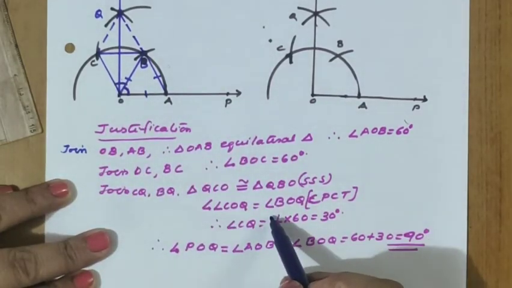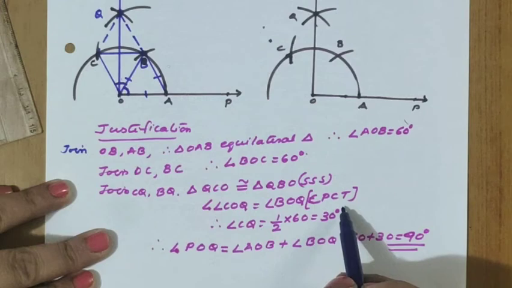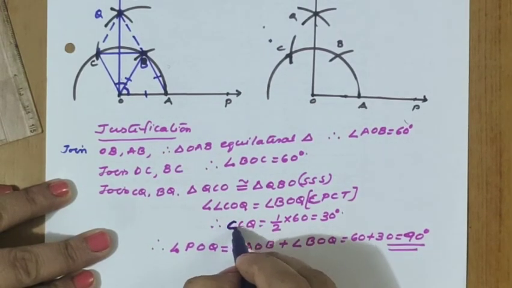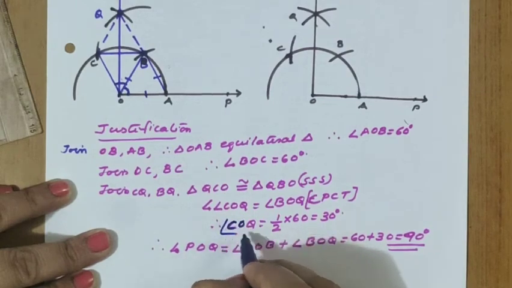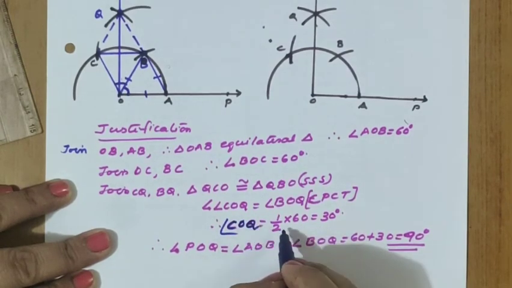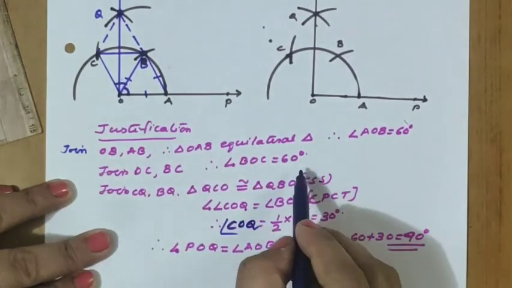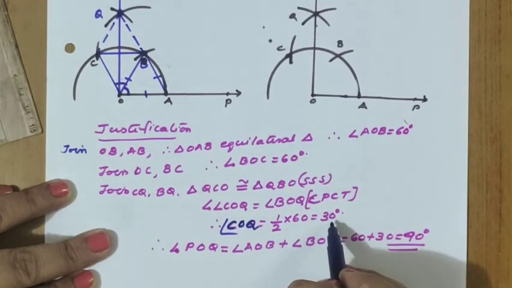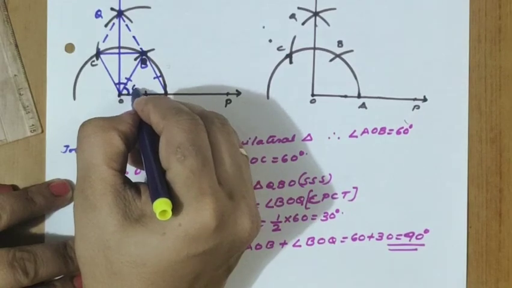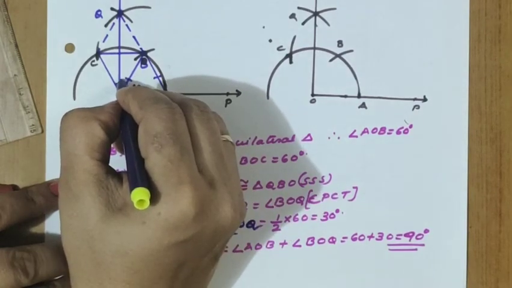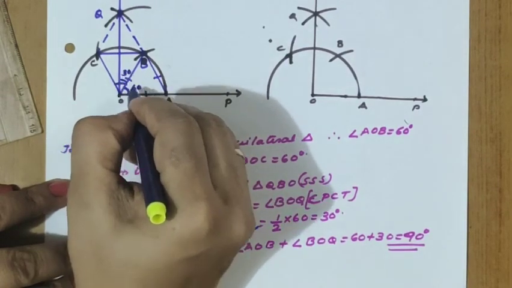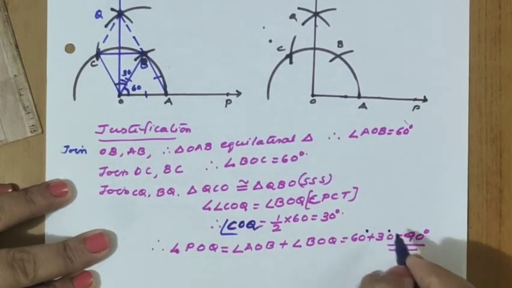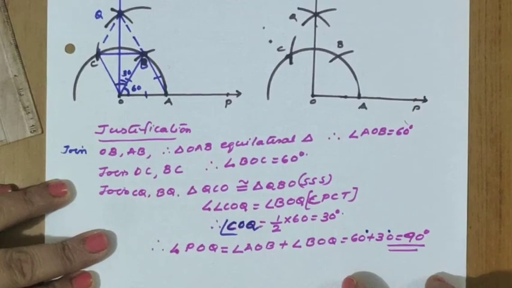So angle COQ equal to angle BOQ by CPCT. So what is angle COQ? COQ equal to half into 60. We have proved that half of BOC only. So it is equal to 30 degree. That means here we got 60 and this angle we got 30. So what is the total angle now? 60 plus 30 equal to 90 degree. So we got the justification.